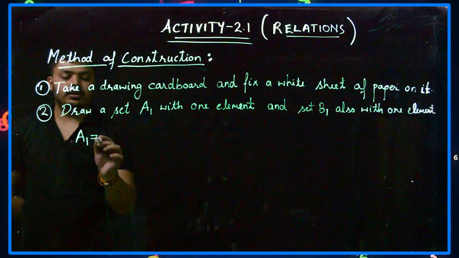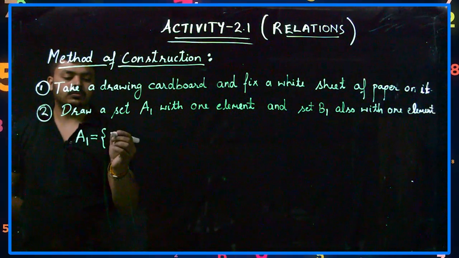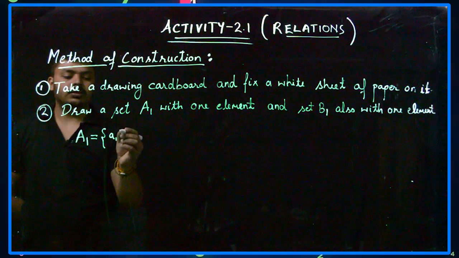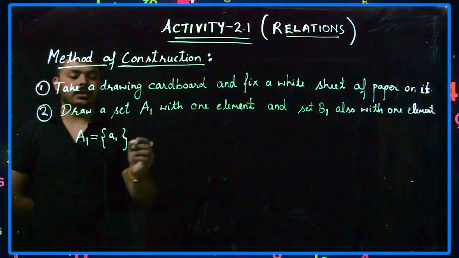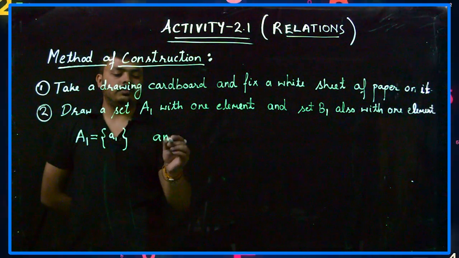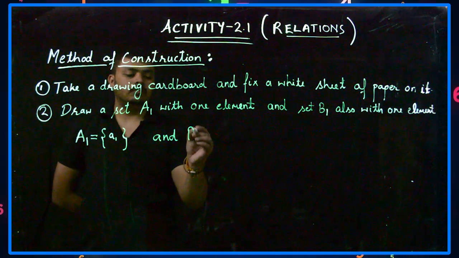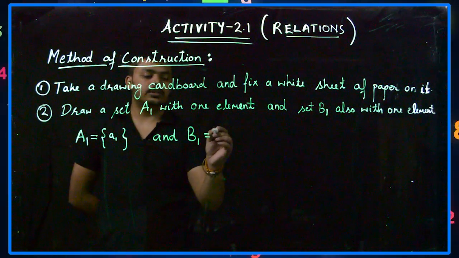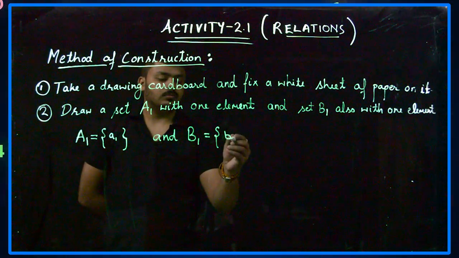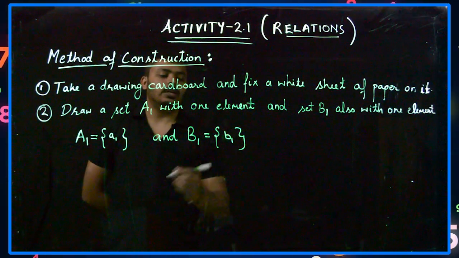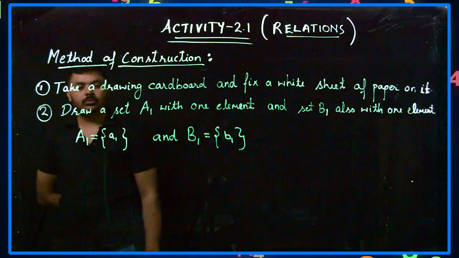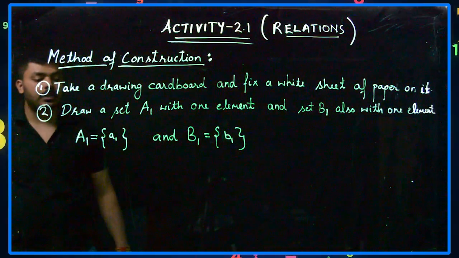So A1 is equal to A1, that is only one element, and set B1 is equal to B1, containing only one element. So both sets A1 and B1 have one element.